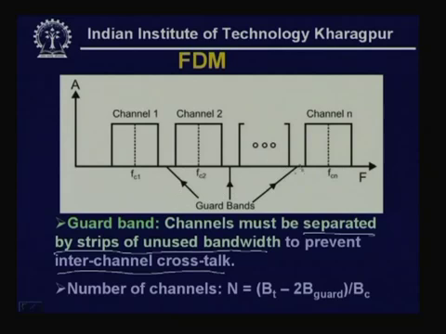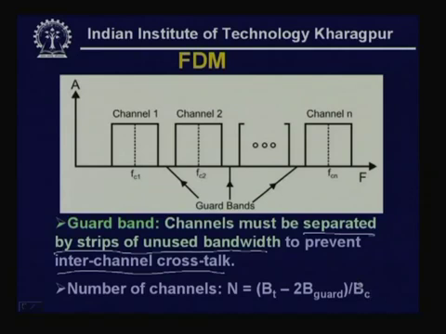So whenever you have got a number of channels, this particular equation shows the number of channels that can be used. That means the number of channels that can be used, n, is equal to (BT minus 2BG) by BC. BT is the total bandwidth available, and that is being divided into a number of channels.